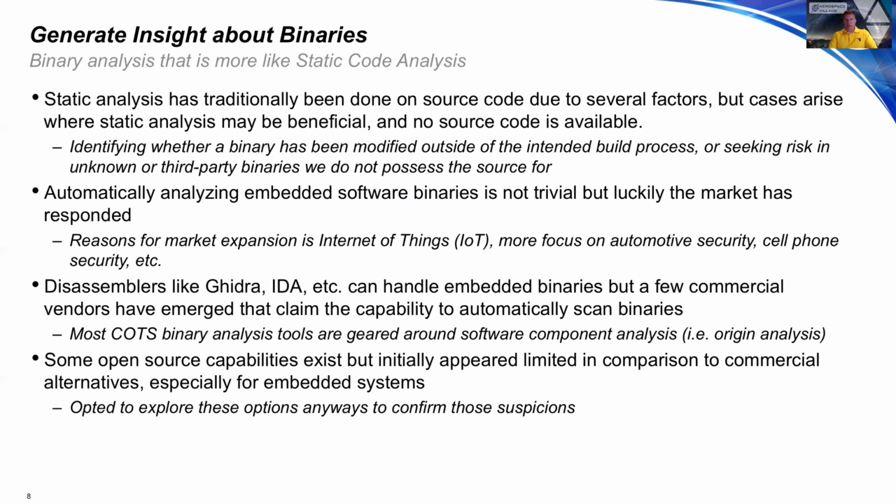But one of the good things occurring in the embedded market, with the Internet of Things expansion and car cybersecurity becoming important, is that there are tools coming to market that can help analyze some of these less traditional, non-x86-64 binaries and pull out some potential weaknesses and vulnerabilities that we need to dive into. And then you can jump into those with disassemblers like Ghidra or IDA to really dive into the details.